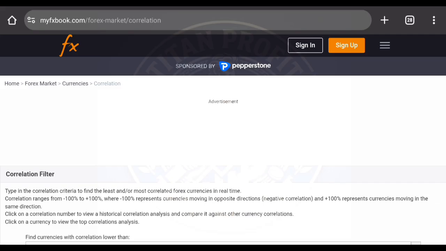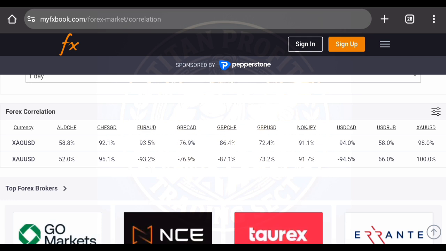Alright, there's this site I want to show you. It is called myfxbook.com. This site actually has pre-made calculations on correlations of different assets, currency pairs and commodities. So now we are matching silver and gold, silver being XAG/USD and gold being XAU/USD.